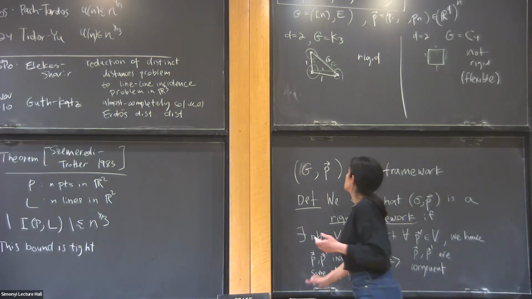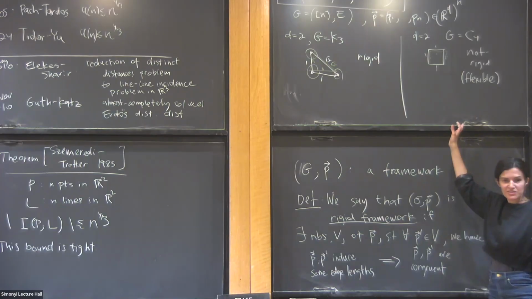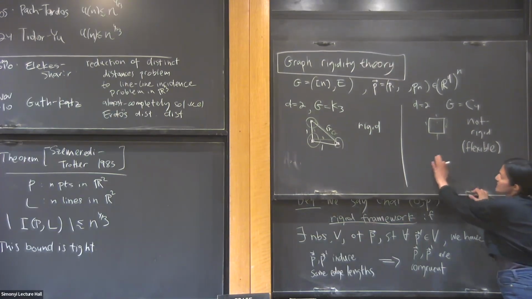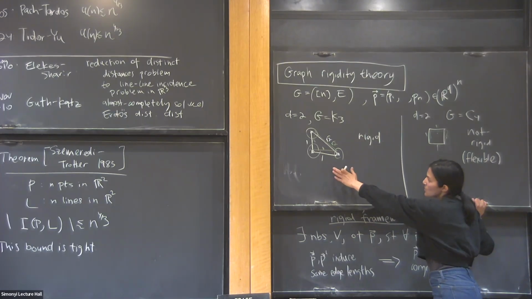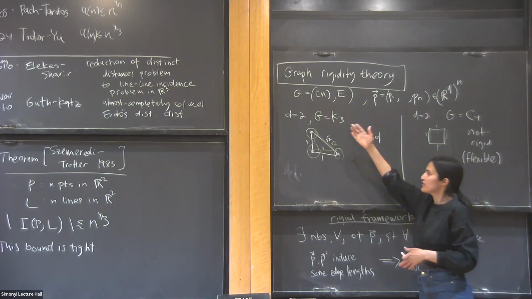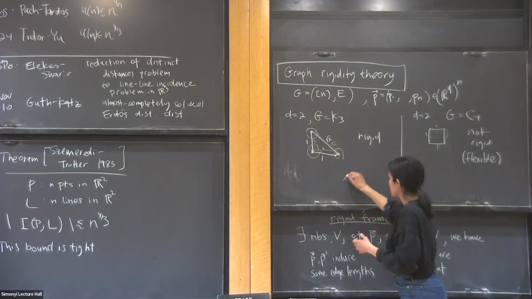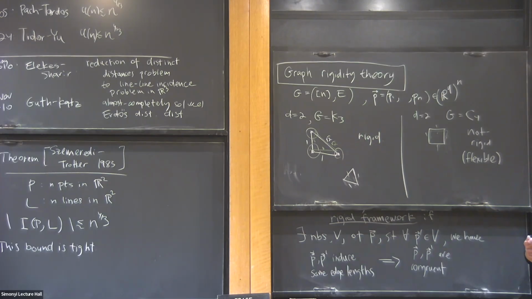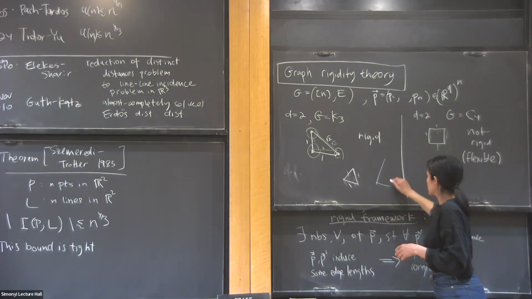And any questions so far? Okay, so it looks like in these two examples that the specific embedding that I gave you wasn't very important. If my graph is K3 and I'm in the plane, any triangle that I take here will still be rigid. It's just like the theorem from high school. So I don't need anything special.